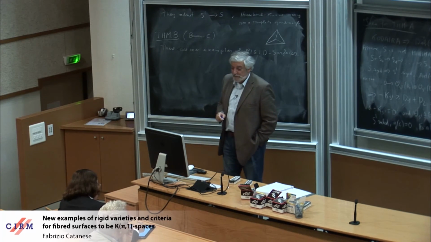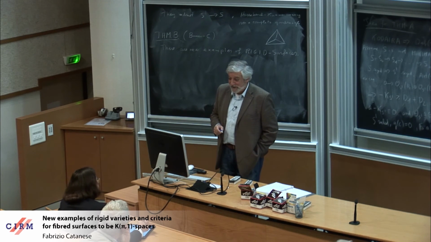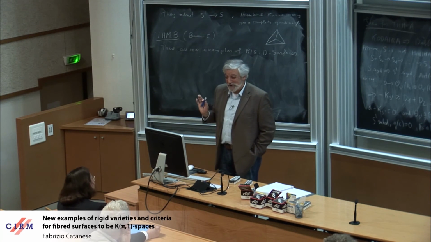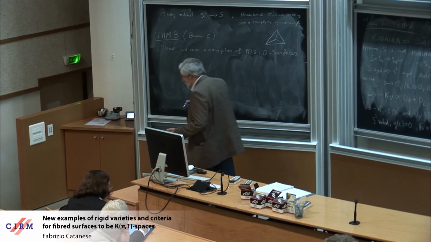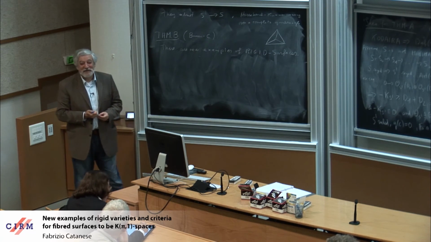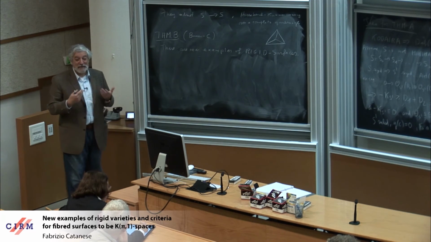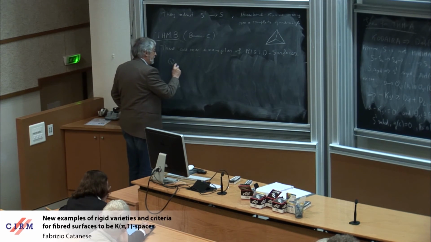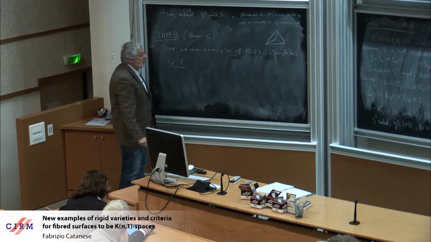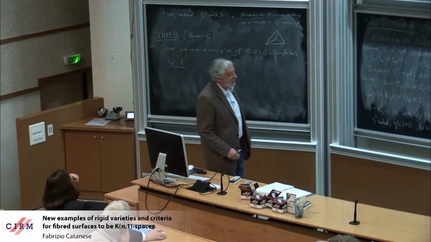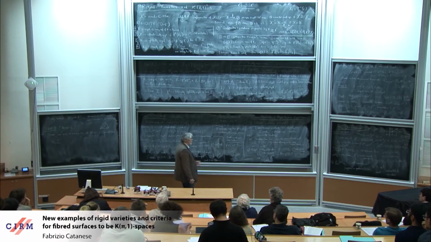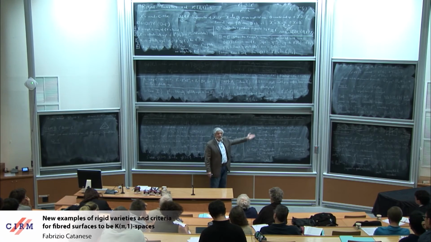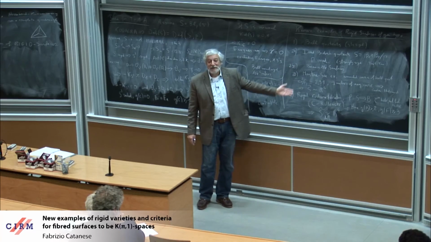So I have minus 1 minute, or can I just put 2 questions? At any rate, I was hoping that for this conference I would have time to do some calculations. So let me put question 1. Now these are rigid, so it's a general question: all the examples of general type, are they K(π,1)s?